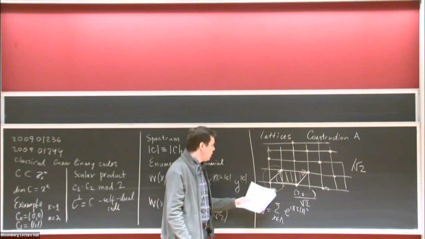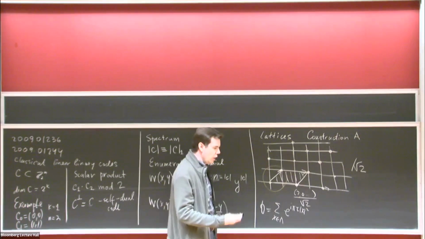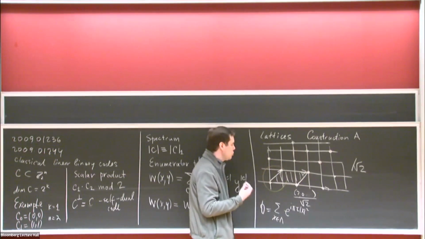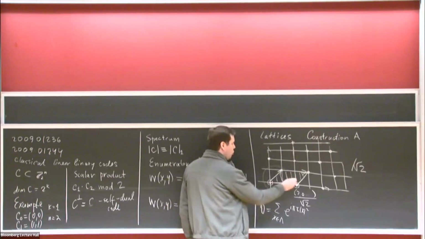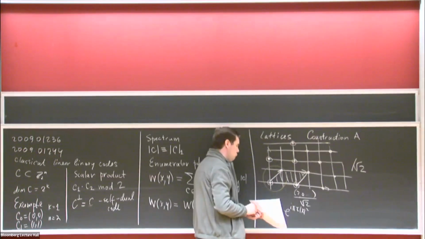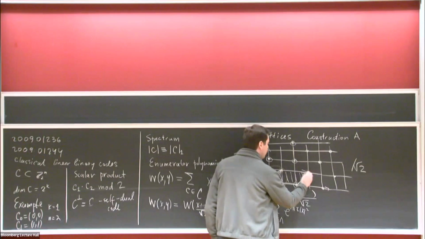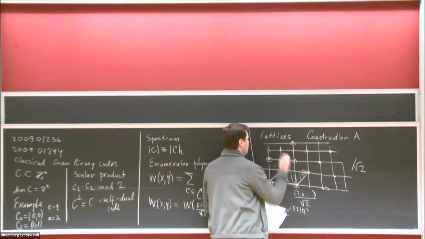Now, if I want to calculate the lattice theta function for this kind of lattice, I can do it in the following way. I need to sum over all highlighted points, but I will do it in 2 steps. I first calculate the sum over images of the origin, and then as a next step, I will sum over all images of this non-trivial code word. Sorry, it should be highlighted.